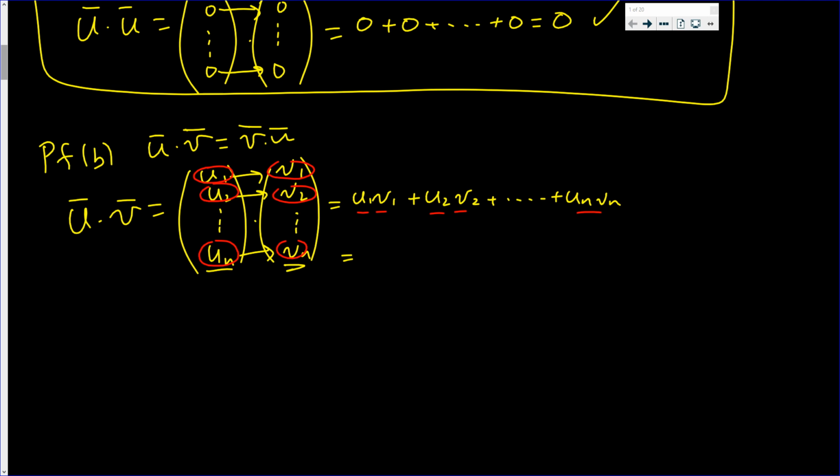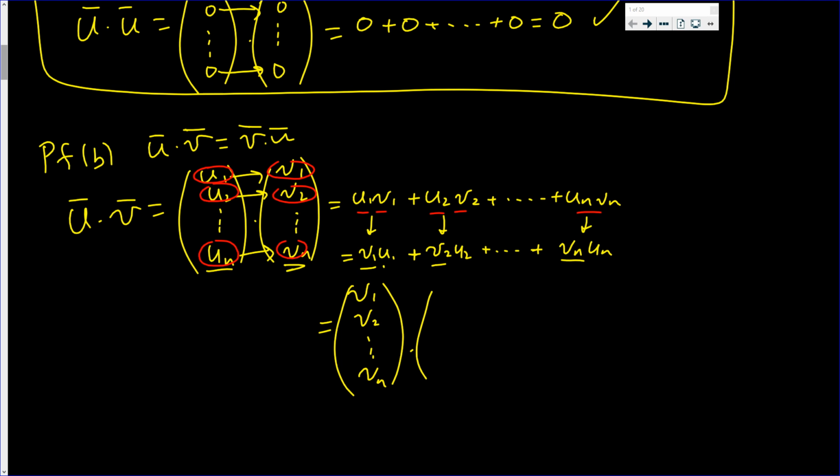Well, the product of two real numbers has the commutative property. That's v1 u1 plus v2 u2 all the way down to vn un. Well, here's a dot product. Have v1, v2 up to vn dotted with the second factor, u1, u2 up to un.